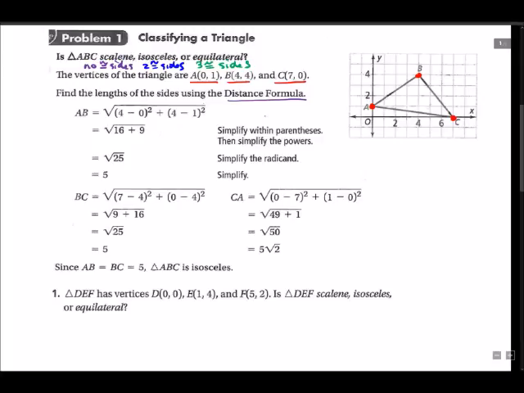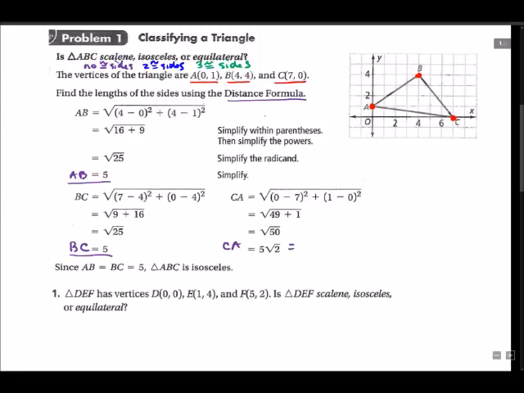And we find that just simply substitute in using points A and B, points B and C, and points C and A. And we find that side AB measures 5 units, side BC measures 5 units, and side CA measures the square root of 50, which if you know how to simplify your radicals, you can get 5 root 2.